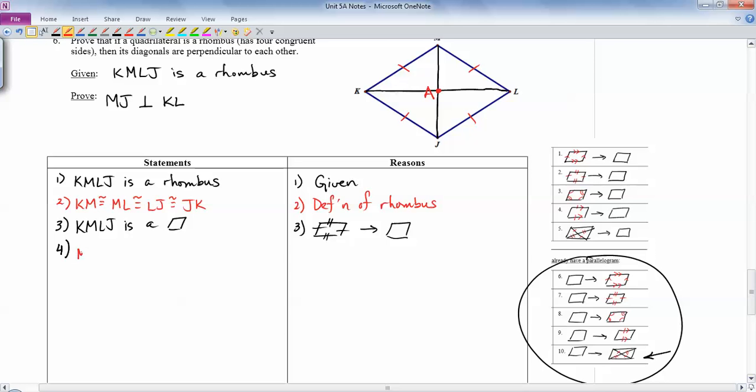So MA is going to be congruent to AJ, and KA is going to be congruent to AL. And the reason for that, let me put the tick marks on here, 1, 2, 3, 1, 2, 3, is because of this reason down here. If I have a parallelogram, those diagonals bisect each other.